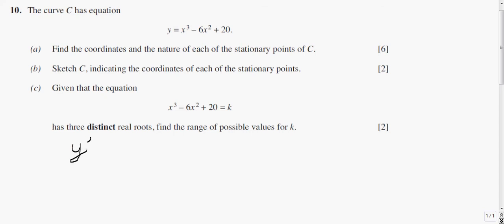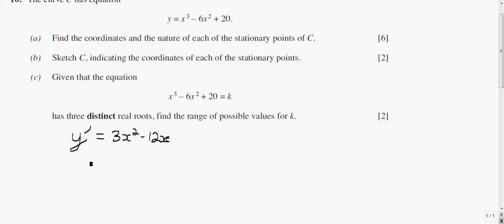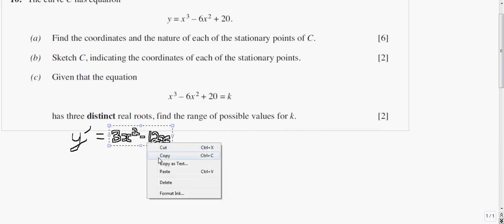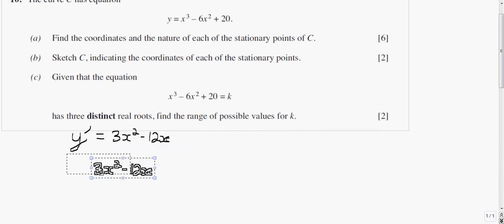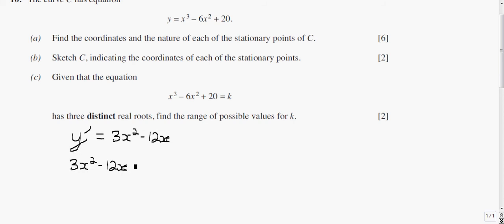So we're going to find y prime, and this will just be equal to 3x squared minus 12x. Then we set that equal to 0, so 3x squared minus 12x equals 0.